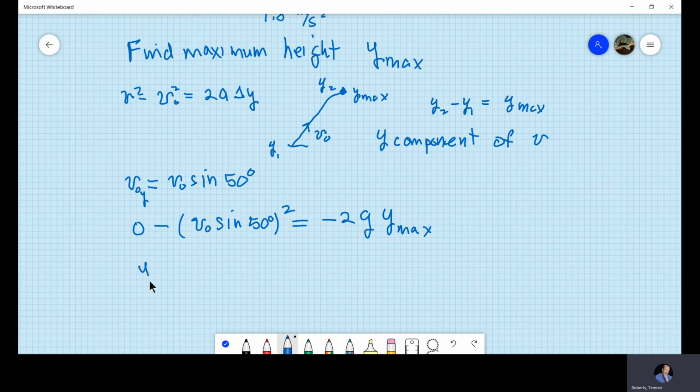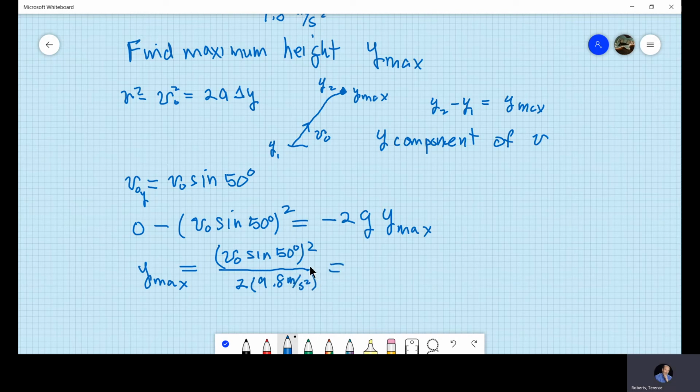And so y max is going to be equal to, the minuses will cancel out, V sub naught sine 50 degrees squared divided by 2 times 9.8 meters per second squared.